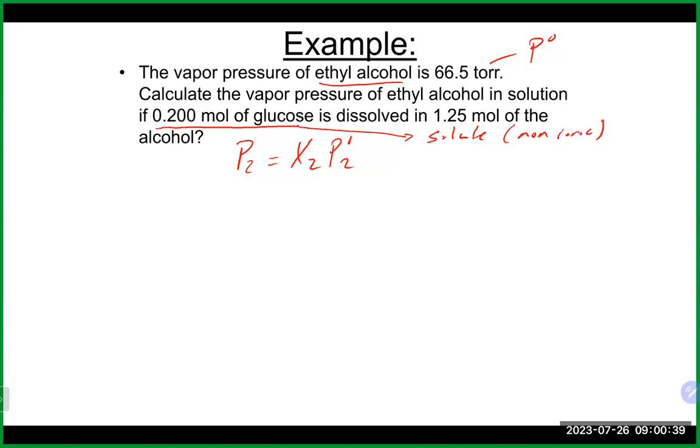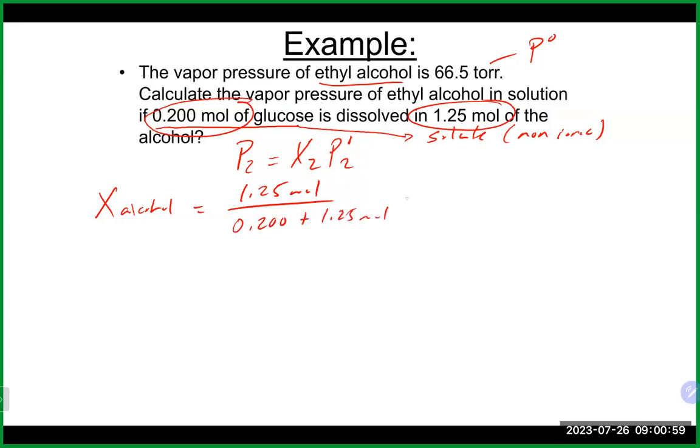So here we want the mole fraction of our alcohol, which would be the moles of our alcohol, which was 1.25, divided by the total moles, made up of our solute and our solvent. We get 0.2 plus 1.25 moles, which is 1.45 on the bottom.